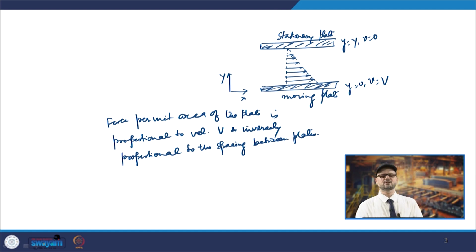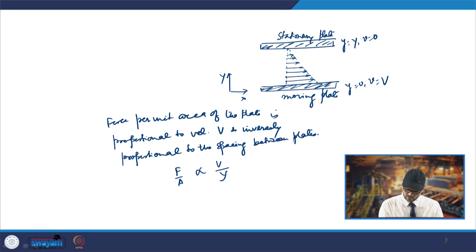That is what was found by Newton. So, F by A is proportional to V by Y.